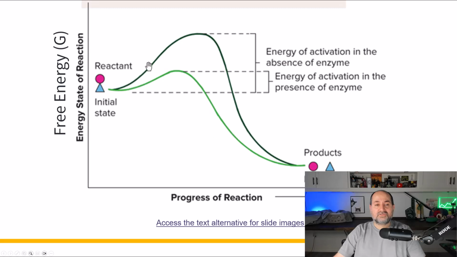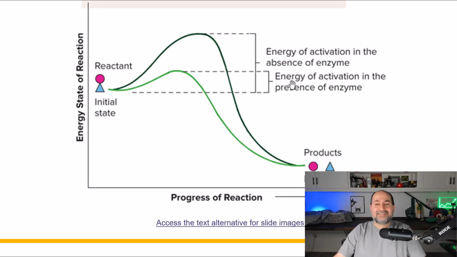And notice this speed bump. You see this speed bump between the two? How you go from the initial state to the products, but there's a big speed bump. That speed bump represents the activation energy, or here they call it the energy of activation in the absence of an enzyme. And the bigger the activation energy is, the bigger this speed bump is, the slower the reaction occurs.